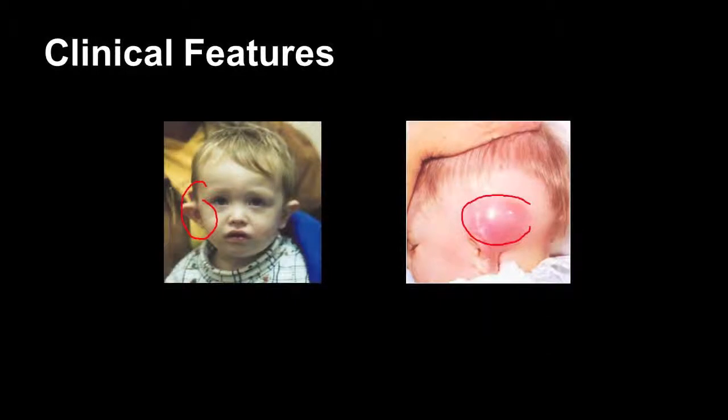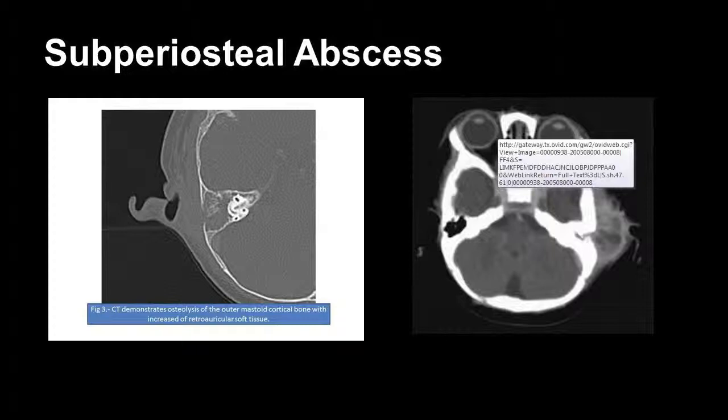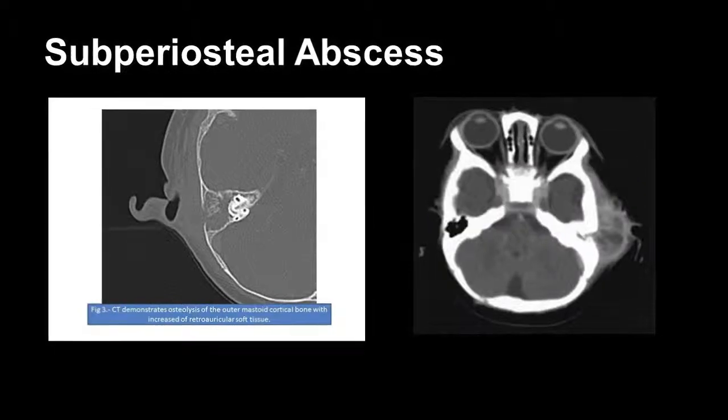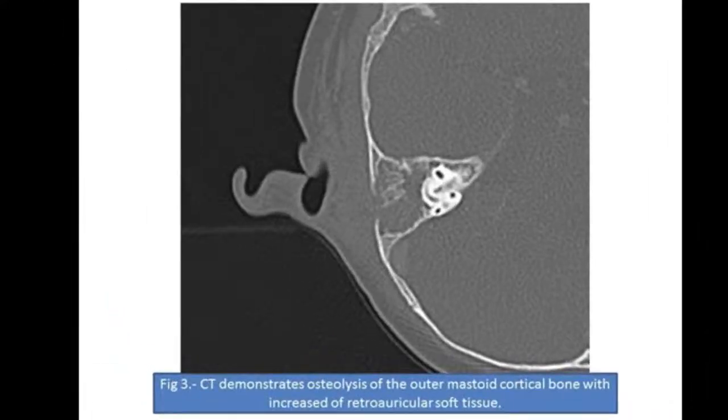If there is something there to drain, such as an abscess or something like that, then we can note that the acute mastoiditis has now progressed to a subperiosteal abscess. And here's what a subperiosteal abscess will look like on imaging. So here you can see again a lot of fluid in the temporal bone, and you can actually see some of the septations in the mastoid bone are eroded, noting again coalescence of the mastoid bone.